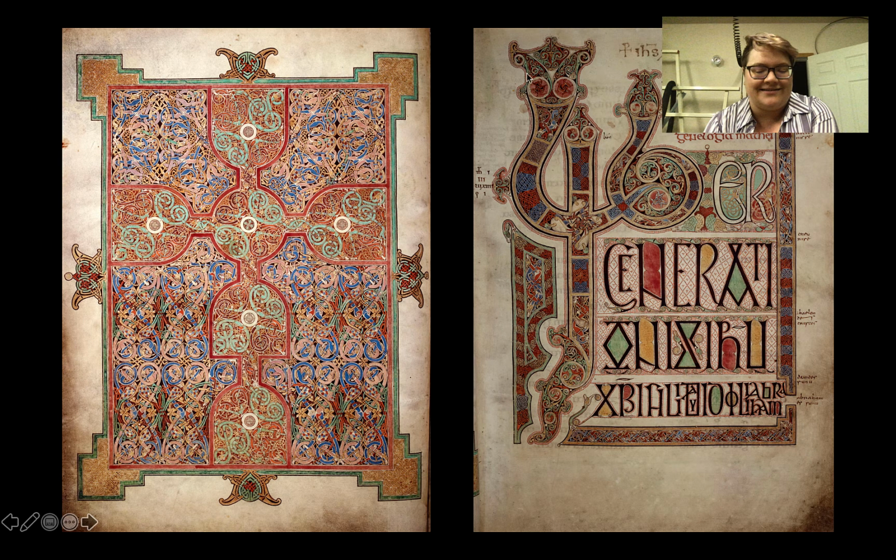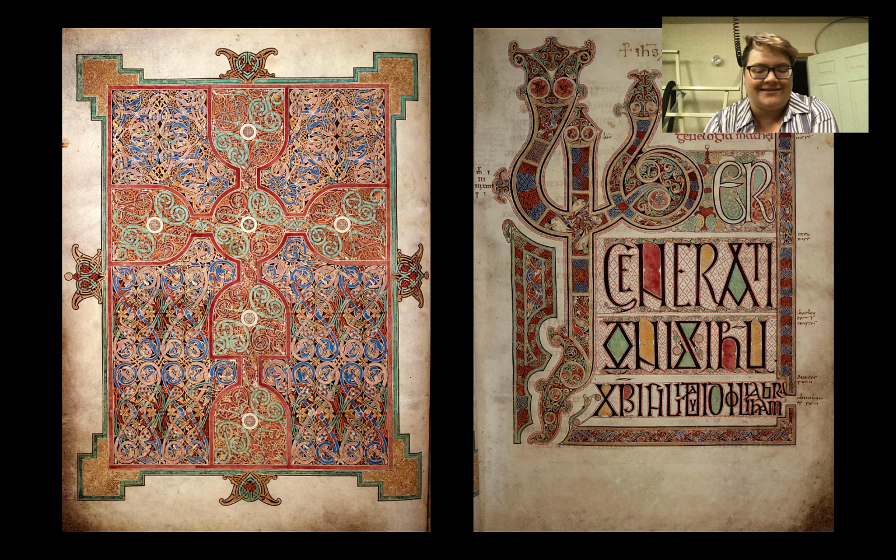And then it has this, which is like the opening page, right? So the Liber Generationis Jesu Christi, and then it goes blah, blah, blah, right? This is the book of the generations of Jesus. And so we start with the genealogy of Jesus in Matthäus. This is super detailed.